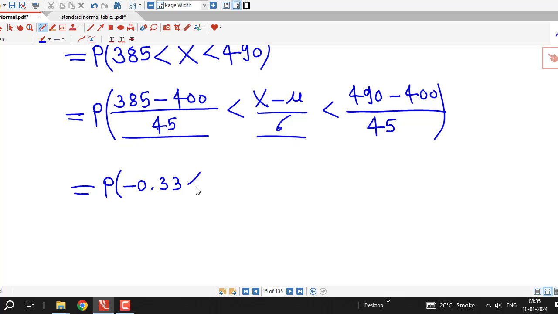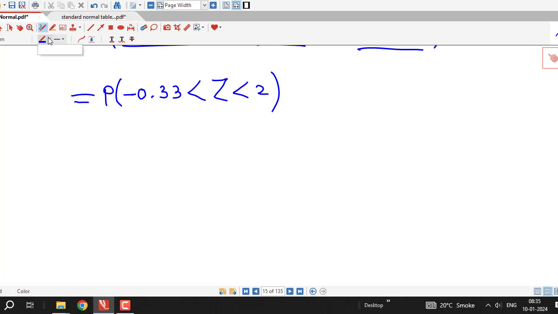This is our capital Z, standard normal random variable, and this is 2. So now we have to find this probability that capital Z lies between minus 0.33 and 2. So again we use the standard normal curve for the simplification.